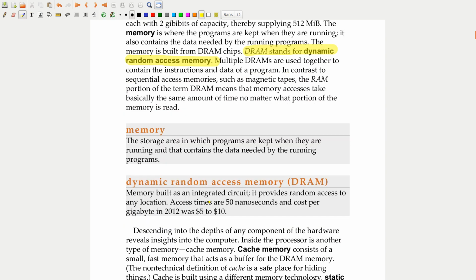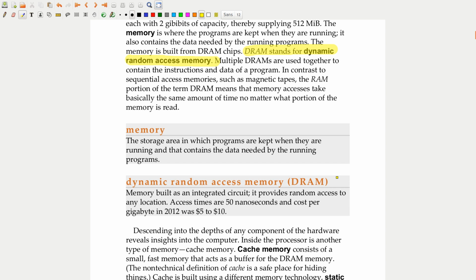Memory built as an integrated circuit, that's DRAM. We'll talk a little bit about how DRAM is actually constructed later. But this is going to be our densest memory object, because DRAM, if I'm not mistaken, takes only a single transistor and a single capacitor to store a single bit.